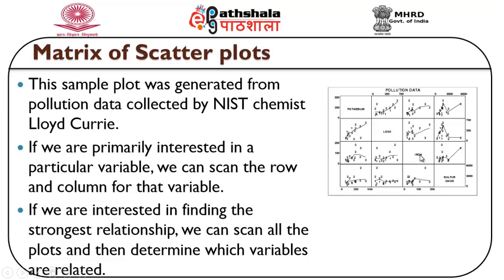If we are interested in finding the strongest relationship, then we can scan all the plots and determine which variables are related to each other. Thereby, using this kind of matrix of scatter plots, it is possible for us to easily visualize the relationship between each individual pollutant, as well as the relationship between different sets of data.